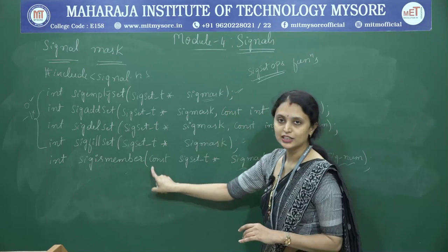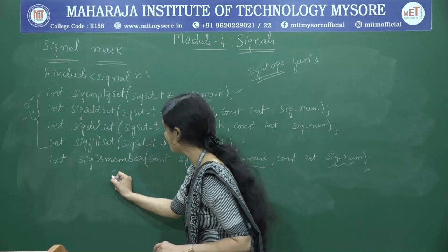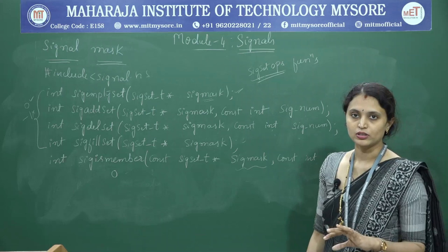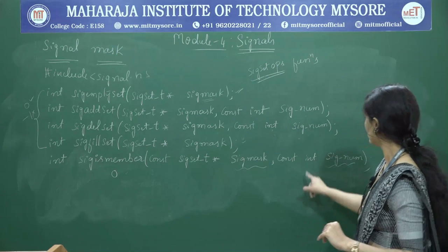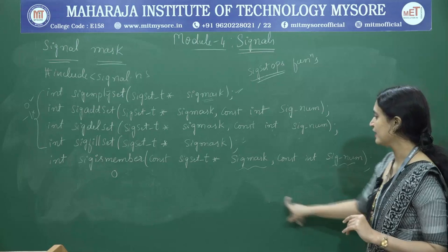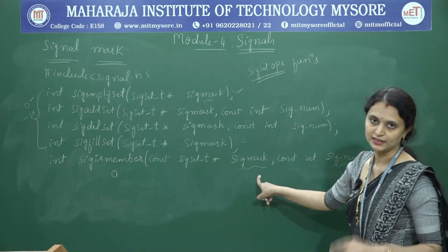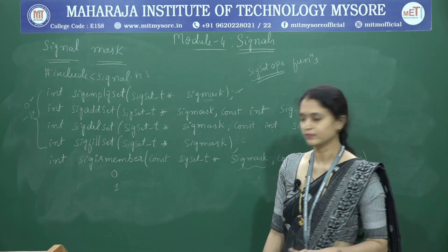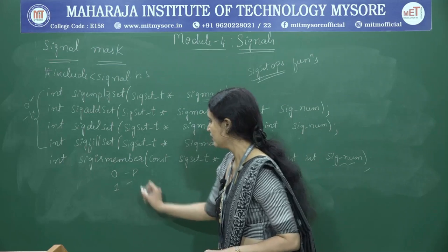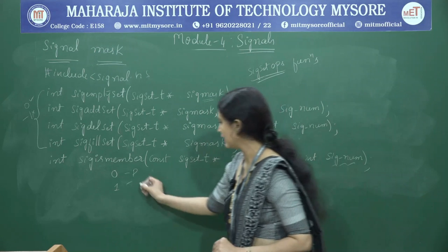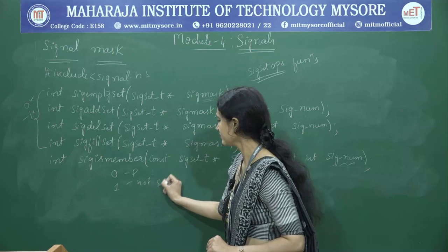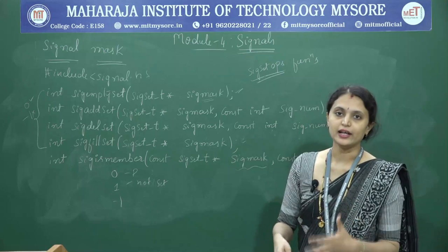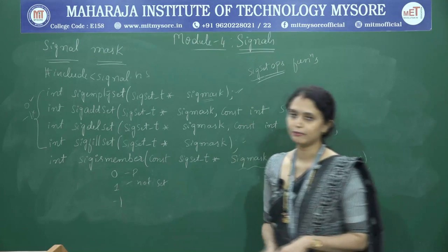But the last one returns 1 if the particular signal number is present in the signal mask, 0 if it is not present, and -1 if any error has occurred during the execution of this API.